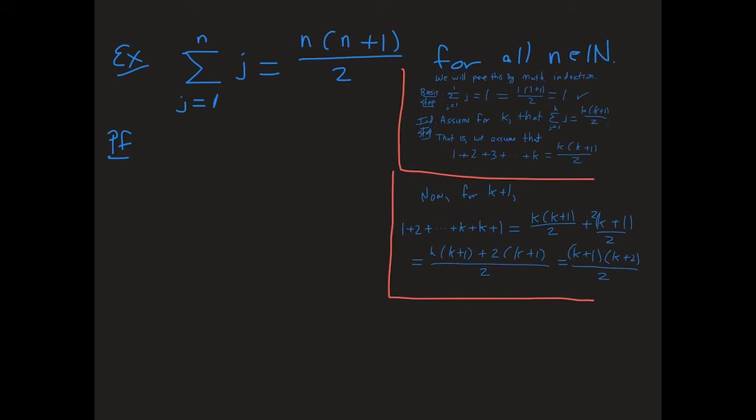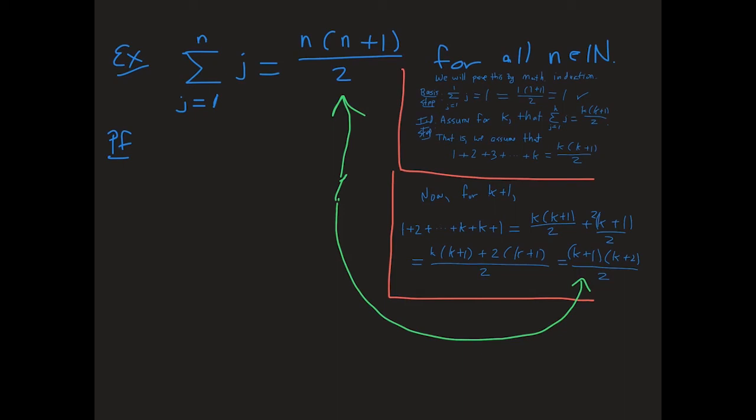And then we showed that if we assume it holds true for k, it has to hold true for k plus 1. Because look at, let me use a different color, compare this expression with this expression, and I want you to think about what you would get if you plugged in k plus 1 for n. Okay, and that's what you would get.